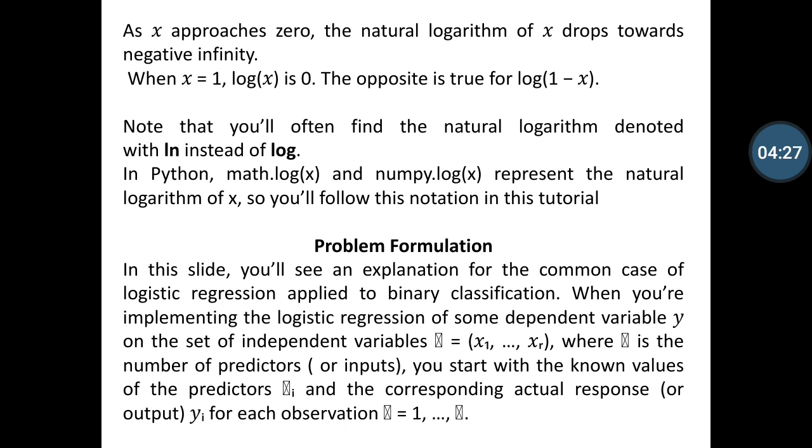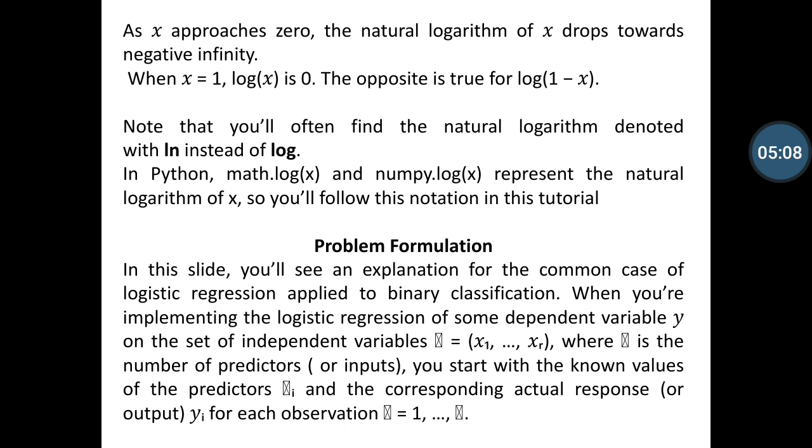So you will follow this notation in this tutorial. Then after that we discuss problem formulation. In this slide you will see an explanation for the common case of logistic regression applied to binary classification. You are implementing the logistic regression of some dependent variable y on a set of independent variables x, where x is equal to x1 up to xr, and r is the number of predictors or inputs.